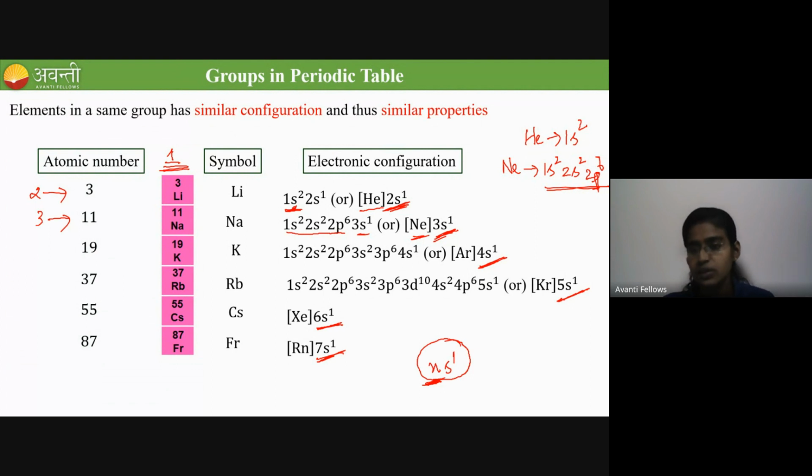So all the elements from this first group can donate only one electron. So all will form only 1 plus ion, Li plus, Na plus, K plus. So only that type of unipositive ions can be observed for these first group elements. So all the behaviors, all the physical and chemical behaviors, that is properties, are similar since they are having the similar electronic configuration. Got it now?